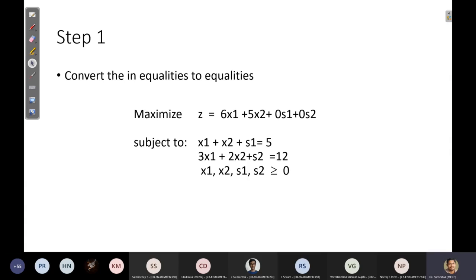Okay, what is the next step? Step number 2. What is step number 2?